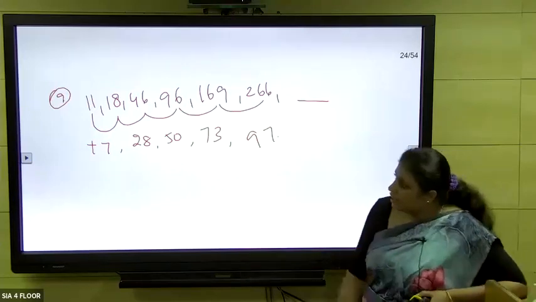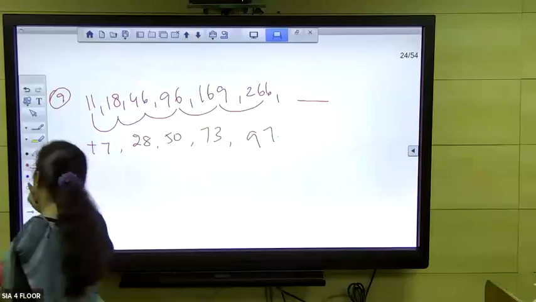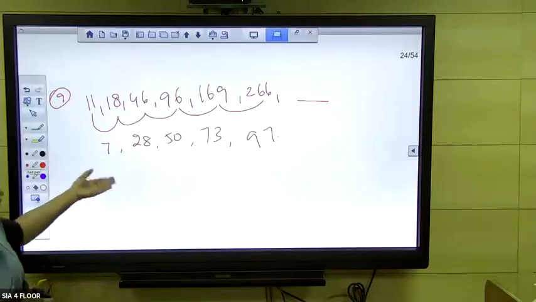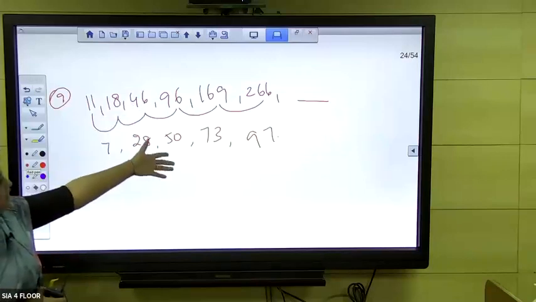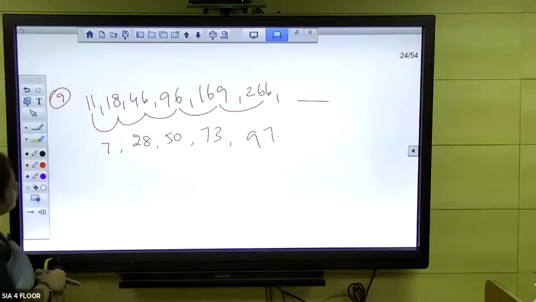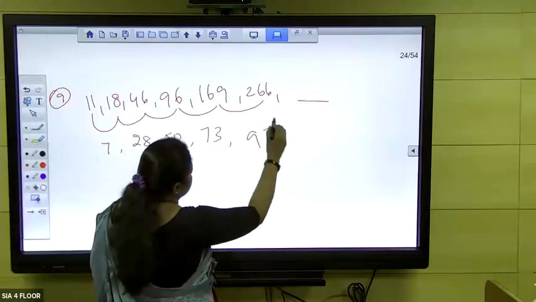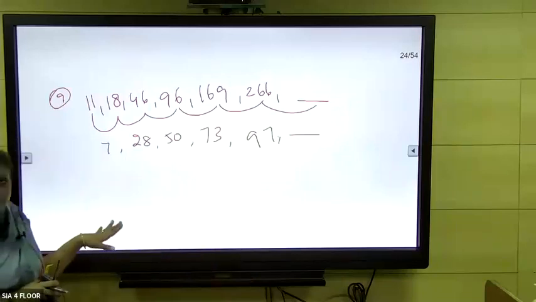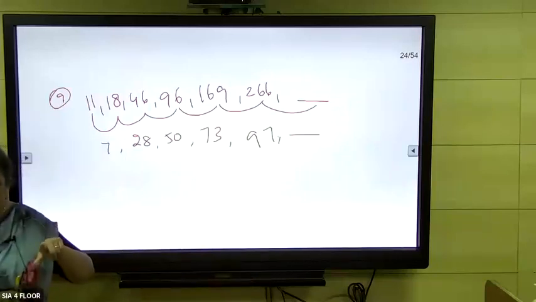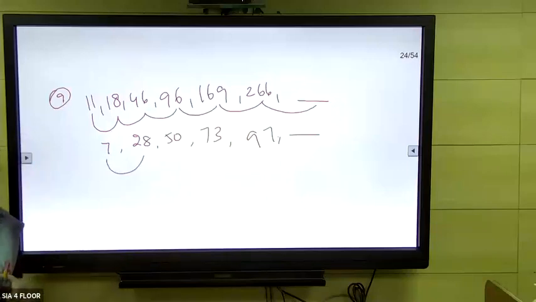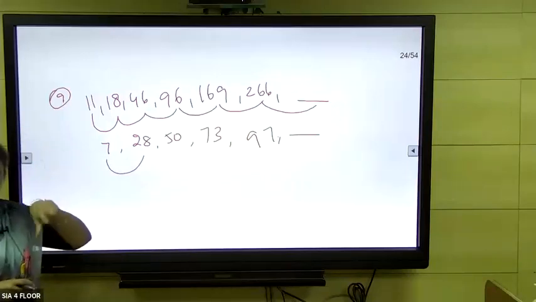You're just seeing this number is 7, and the next number is 28, then 50, then 73, and then comes 97, right? If you're able to identify what the next difference is just by looking at the sequence, fine. If you're unable to, you can go for one more step. It's like taking the difference of the difference.